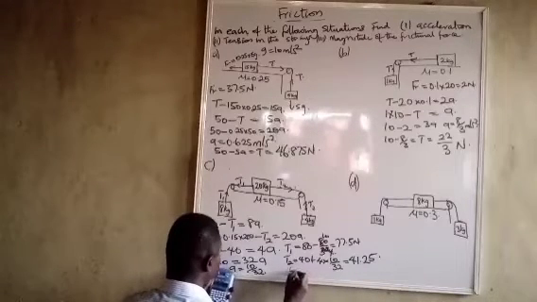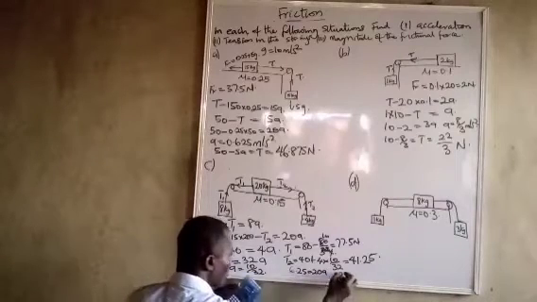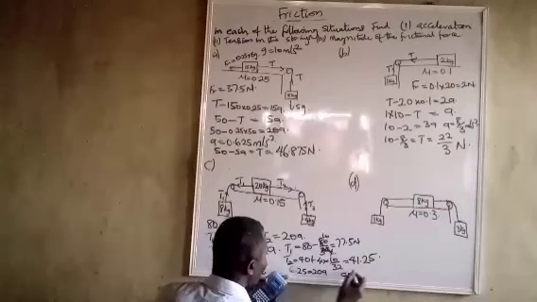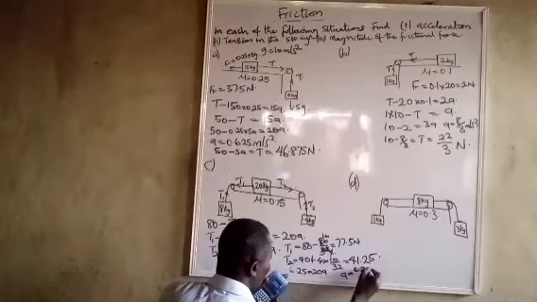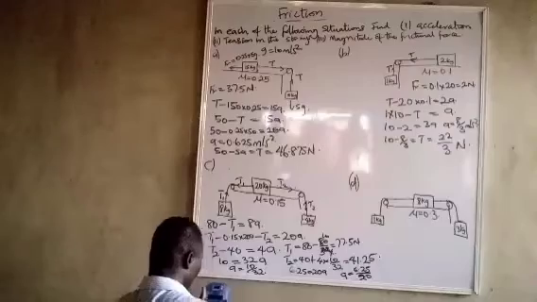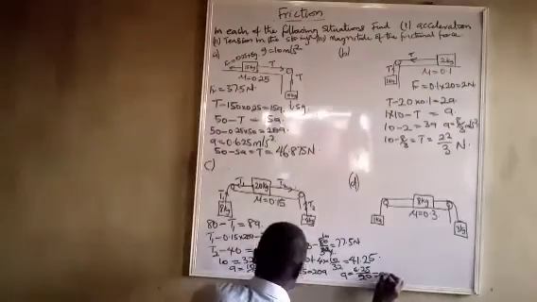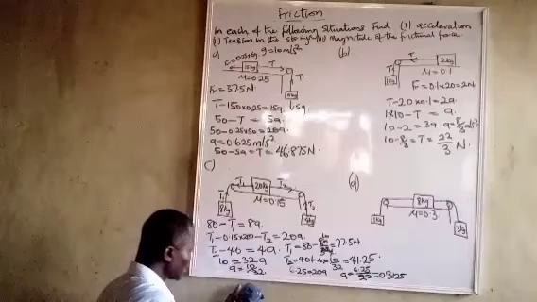So I have 6.25 is equal to 20a. So in this instance, a will be equal to 6.25 over 20, which is 0.3125. And is it the same thing with this?